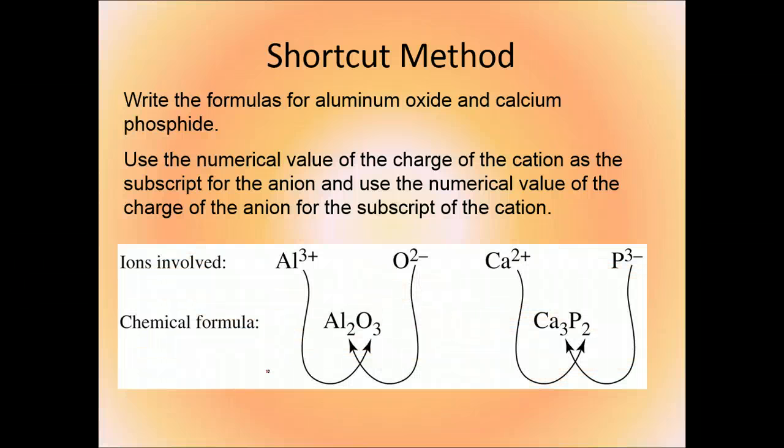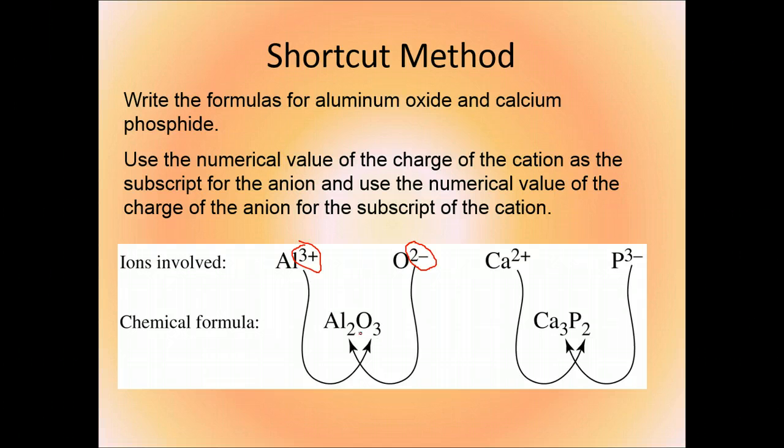So if I look at aluminum, its charge is +3. And again, I know that from the fact that it's in column 13 or 3A. Oxygen has a -2 charge. I know that because it's from column 16 or 6A. So notice this 3 is not going to become aluminum's subscript. And the 2 is not becoming oxygen's subscript, but they're crisscrossing or swapping.